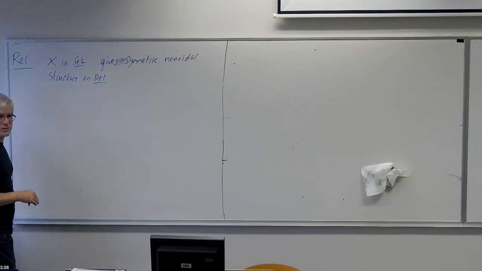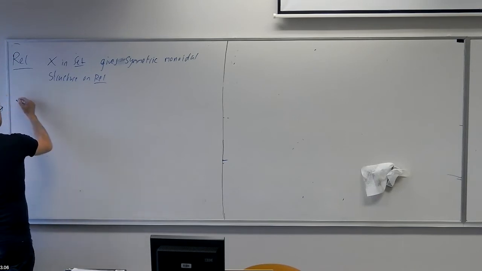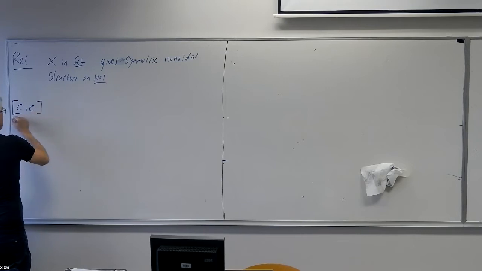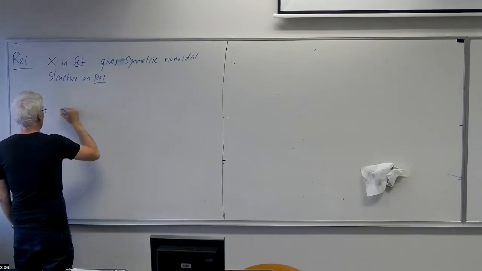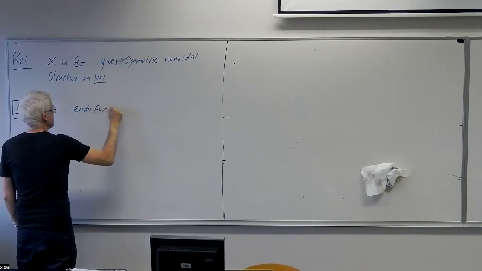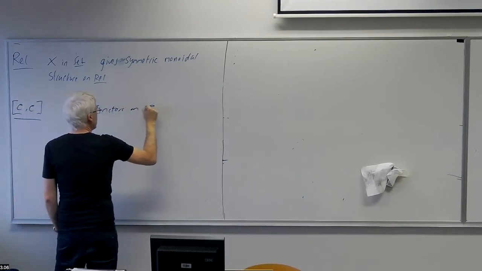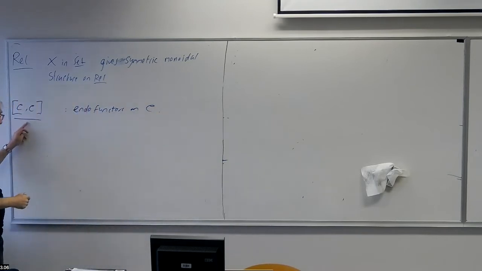So all the examples we've seen so far have been symmetric. A very simple example that's not symmetric is to look at the category that in my notation is CC of endofunctors. So that's the category of all functors from a category C to itself, with natural transformations as the morphisms.